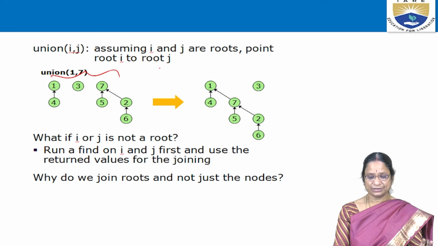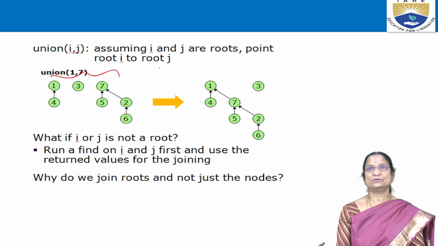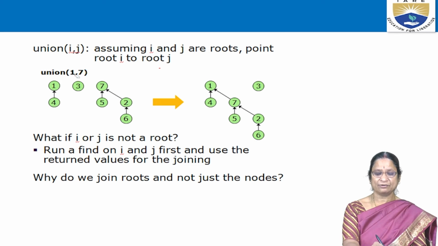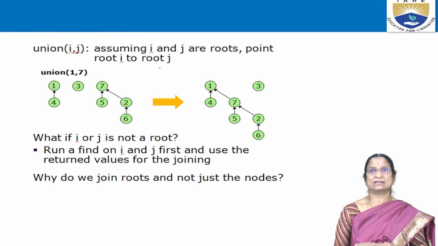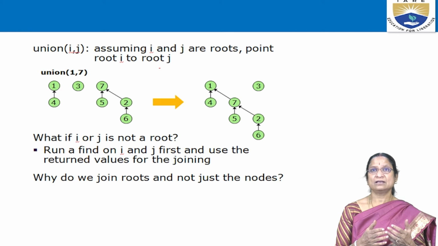Why do we join roots and not just the nodes? Once we perform a union, the original sets or original up-trees must be destroyed or removed.